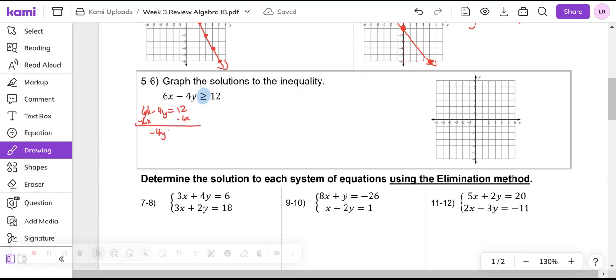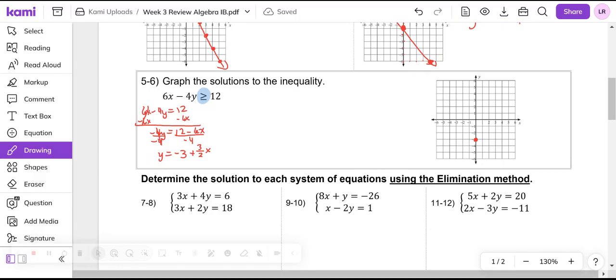I get negative 4y equals 12 minus 6x. Divide by negative 4. 12 divided by negative 4 is negative 3. Negative 6 divided by negative 4, we simplify that fraction, it becomes positive 3/2 x. So that's going to give me my line. I start at negative 3.